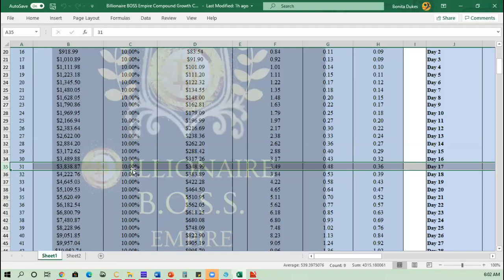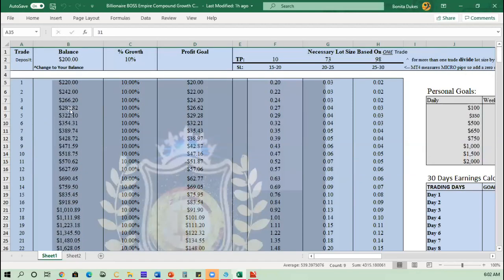But that's if this is what's in your account balance. Okay? If your account balance is less than $300 and you're looking at getting a total pips of 98, if you're less than $300, then your lot size should be 0.03.